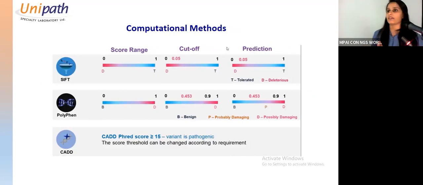The aim is the same, but the direction is different. When it's 0 in SIFT, it is pathogenic, and when it's 1 in PolyPhen, it is pathogenic. So you have to remember which is pathogenic. And there is also a score which considers different parameters together, and if it is more than 15, it is probably pathogenic.